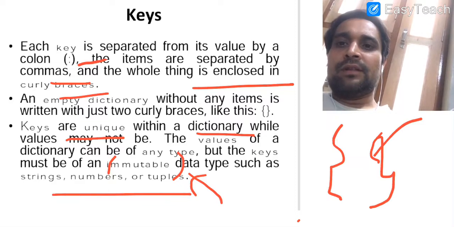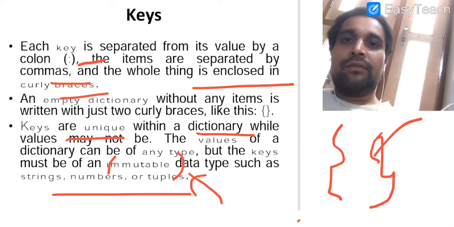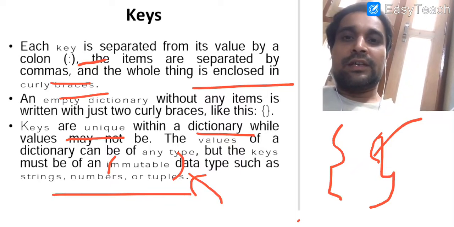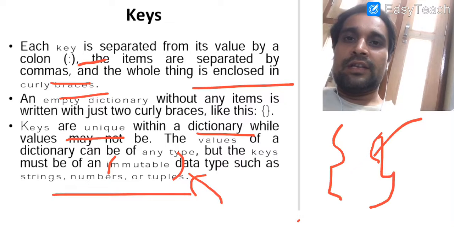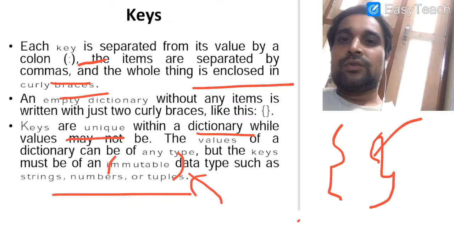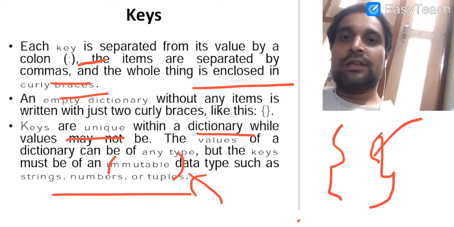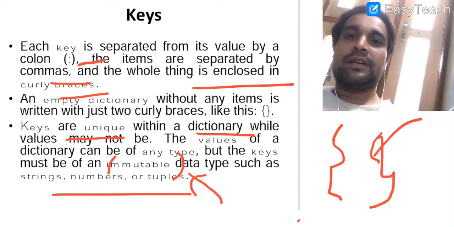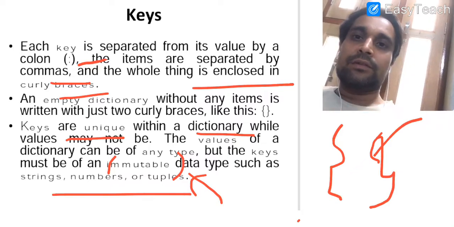It means we will never create a key which is of type list or of type dictionary, because if the key can be modified then there is no use of the dictionary. So the value corresponding to the key can be modified, but the key itself cannot be modified, and it must be of an immutable data type available in Python.